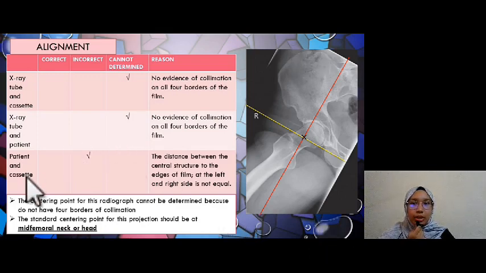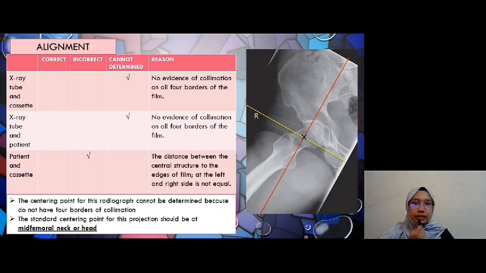The alignment between patient and cassette is incorrect because the distance between the central structure to the edge of the film on the left and right is not equal. The centering point for this radiograph cannot be determined because there are not four borders of collimation. The standard centering point for this projection should be at the mid-femoral neck.